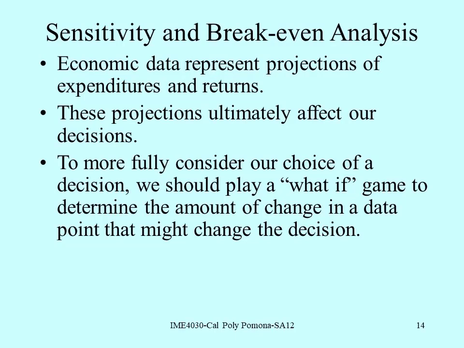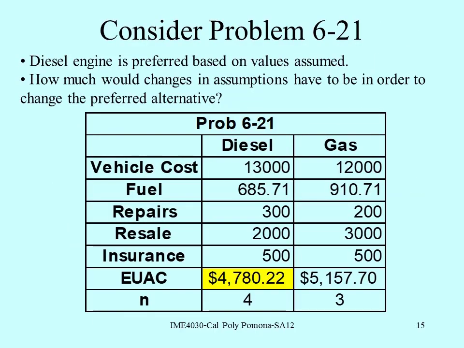So let's look at an example. I'm going to use problem 6-21, which you may have done in your homework. If not, I'm showing it to you here, and it's based on a comparison of a cab company that's choosing between diesel engine cabs or gasoline engine cabs.